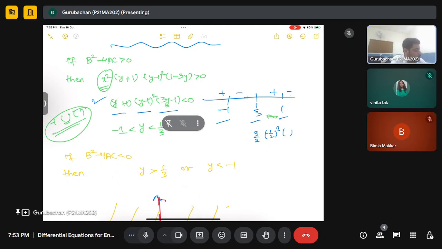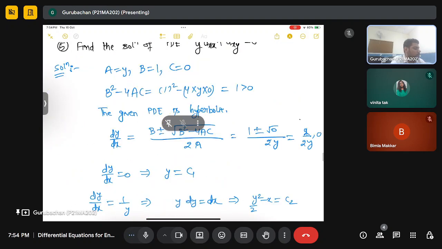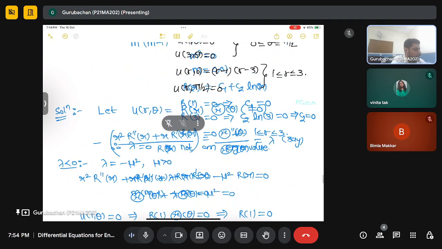So this inequality is positive in that region, so it is correct, I think. So it is positive and this is again positive. When you search for minus 2, so minus 2 will be minus 1. For minus 2 this will be negative, the whole quantity will be positive, so it's correct. You don't need to worry about it. It's correct. So let us come to our main question.